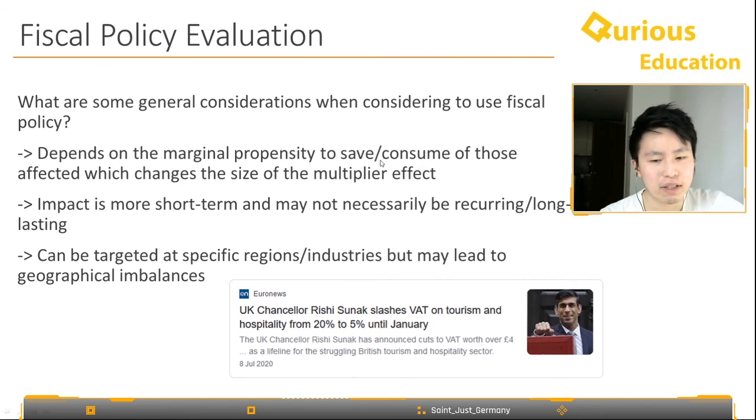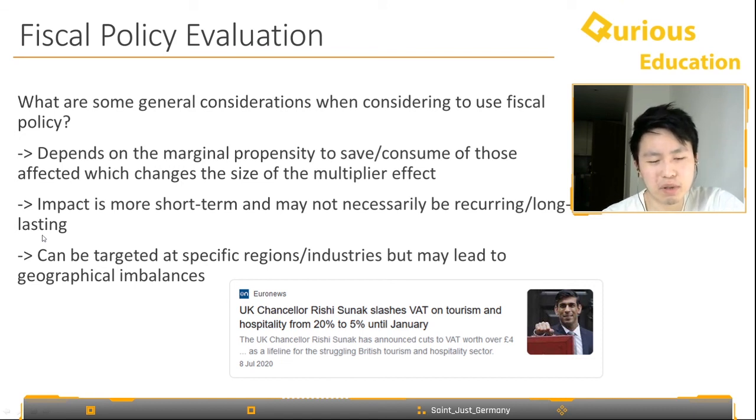Yes, it also depends on the multiplier. For those who are familiar with it, the bigger the multiplier effect in the economy, the more effective fiscal policy would be, because the chain effect in the economy is greater. The impact is more short-term and may not be recurring or long-lasting.